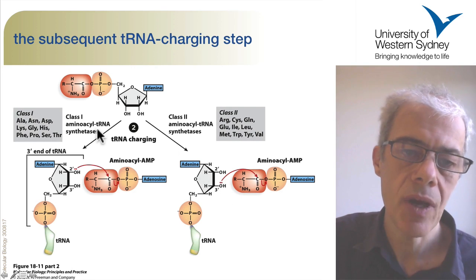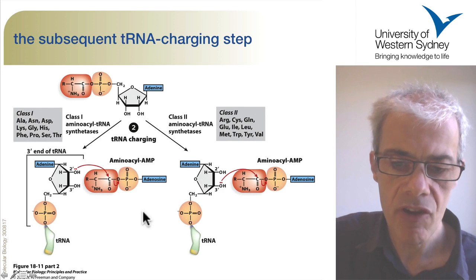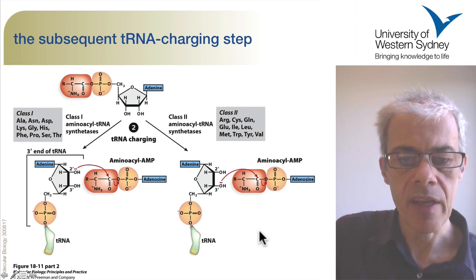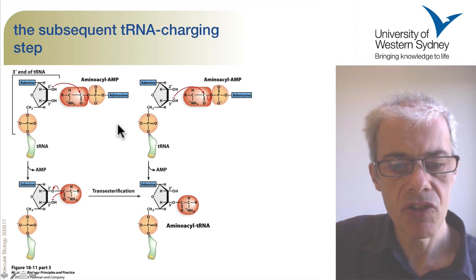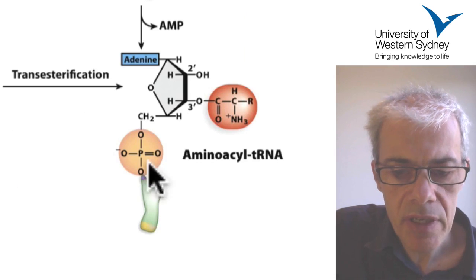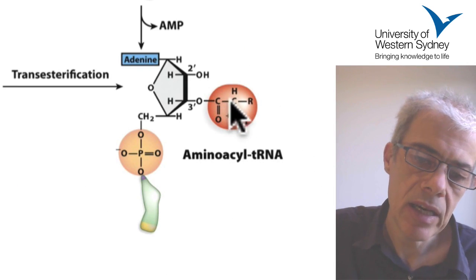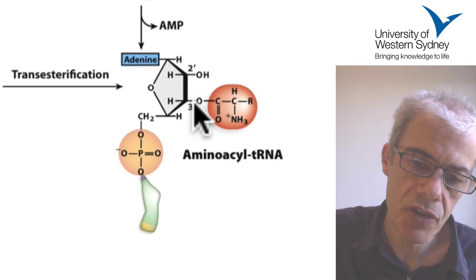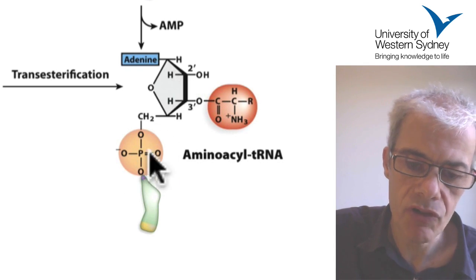Okay? And there's two classes of synthetases that perform slightly different variants on this reaction, but the endpoint's the same because effectively we have a trans-esterification, and both are converted into one form, which is the amino acid attached to the 3' hydroxy of the terminal adenine residue of the transfer RNA.